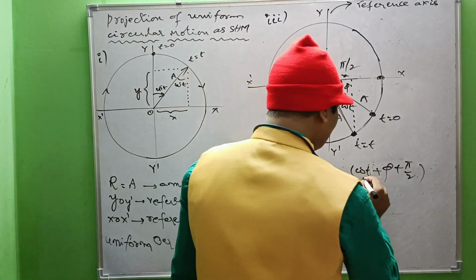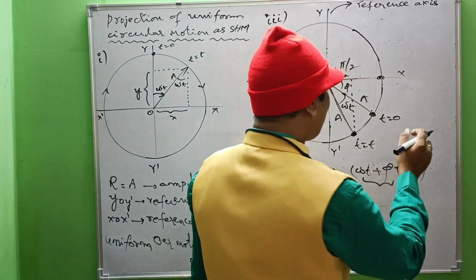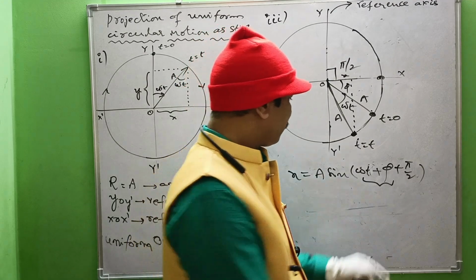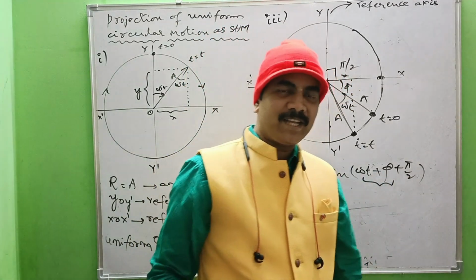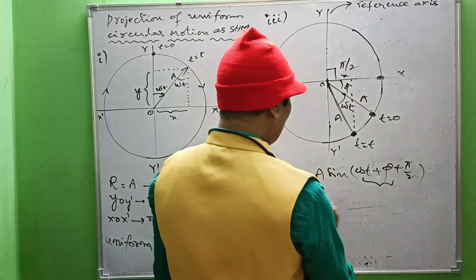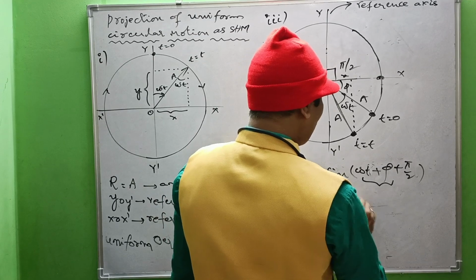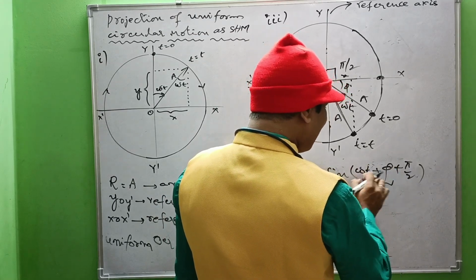Now see, I am coupling these two terms, omega t plus pi by 2. So sine of 90 plus theta, sin 90 plus theta, that is cos theta. So therefore x equal to A cos theta. Theta means instead of theta, omega t plus pi is there.